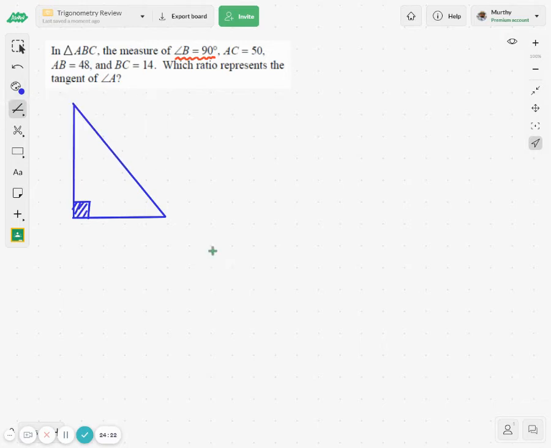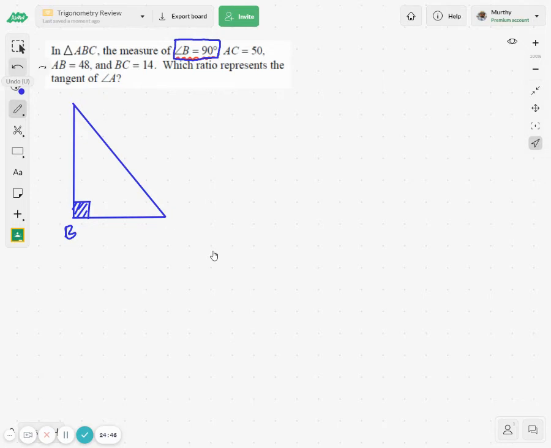Well, first of all, you have to identify which is the right angle in the given question. So here angle B is 90. Where do I write A? Is it at the top and C at the bottom? Or shall I take A at the bottom and C at the top? It doesn't matter.